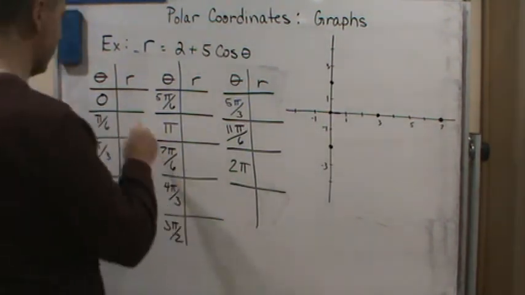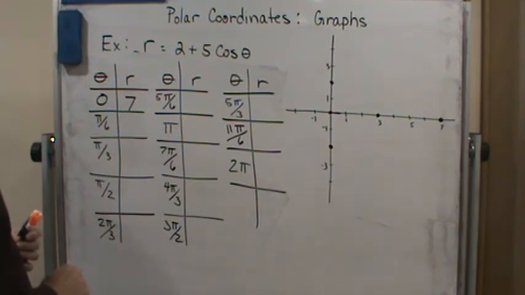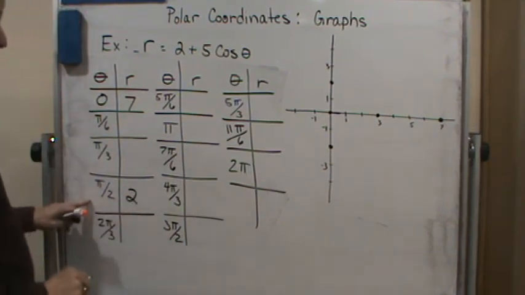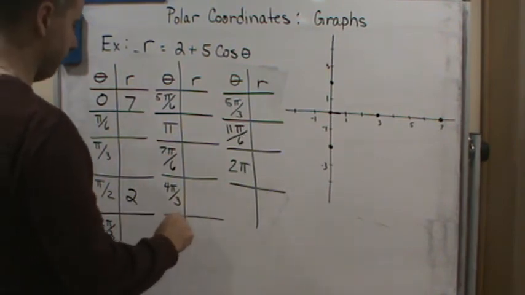Okay, so let's fill in the numbers that we already know. So at 0, we're at 7. At pi over 2, we're at 2. At pi, we're at negative 3.